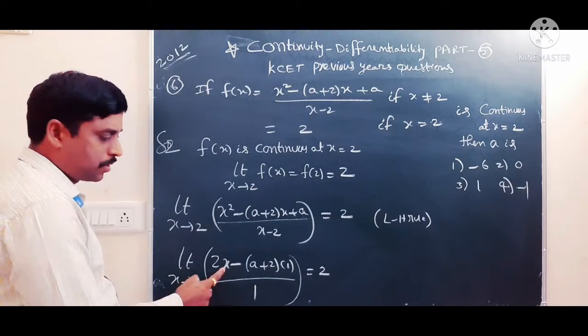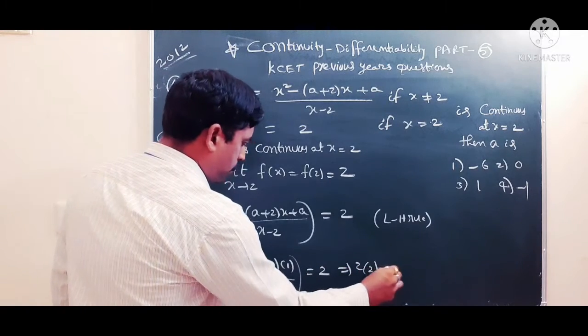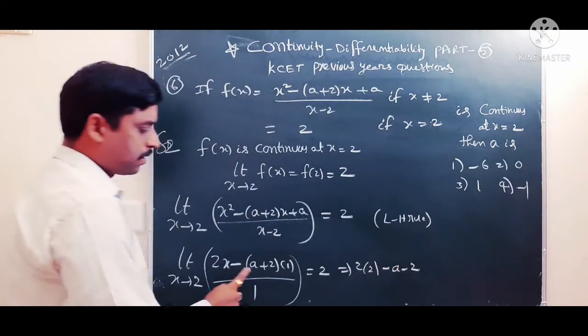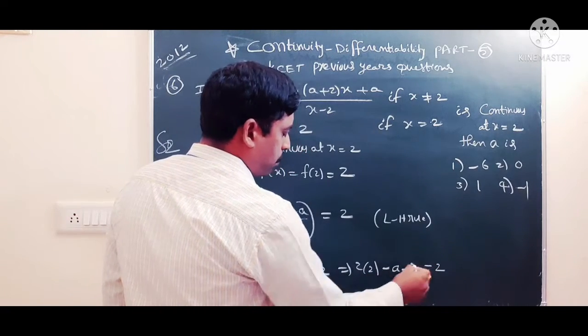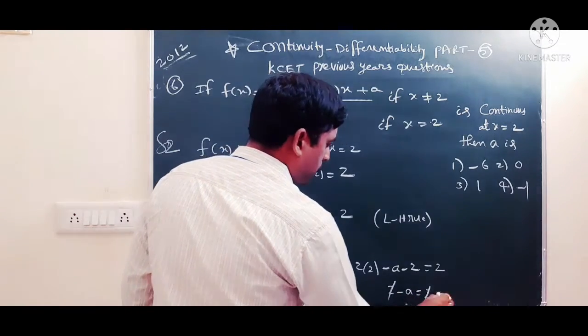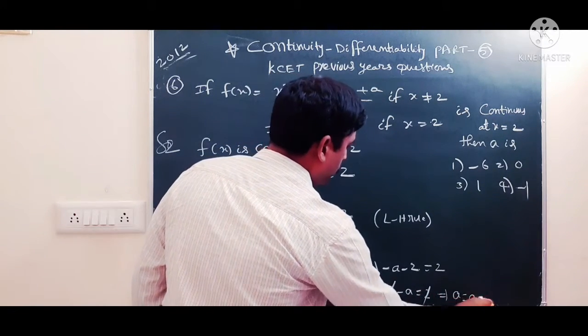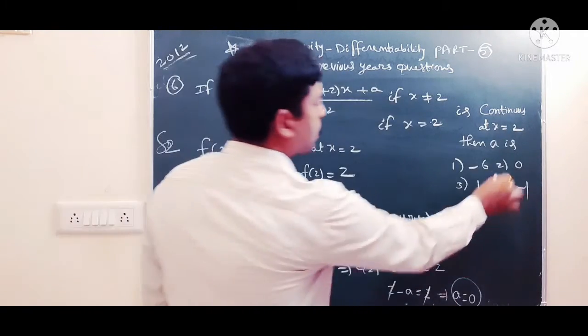Now put x place into this, value will be 2 into 2 minus a minus 2, this is equal to 2. So 4 minus 2, 2 minus a is equal to 2. Both side 2 get cancelled. A is equal to, okay, a value we got it 0. So option 2 correct.